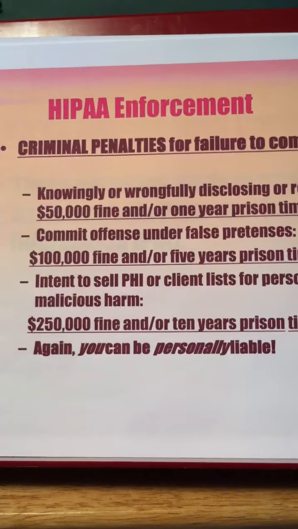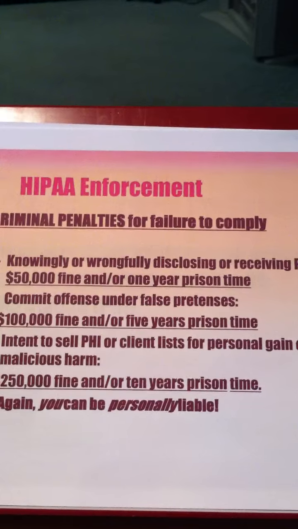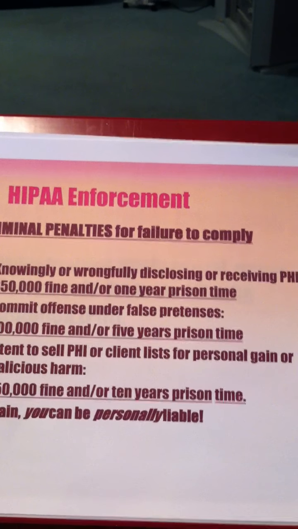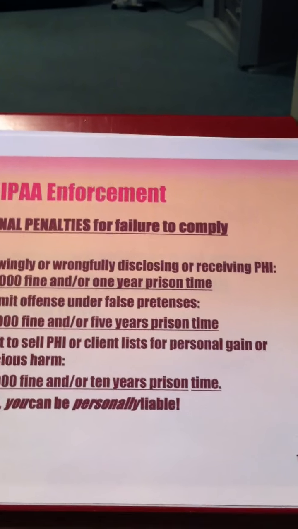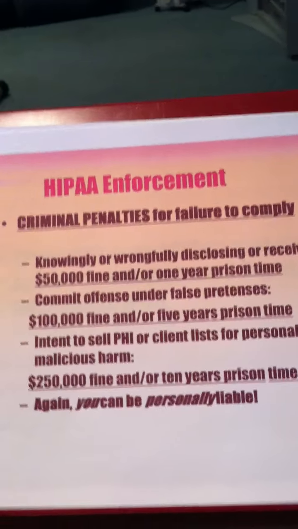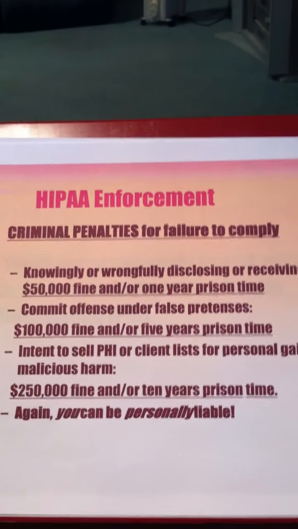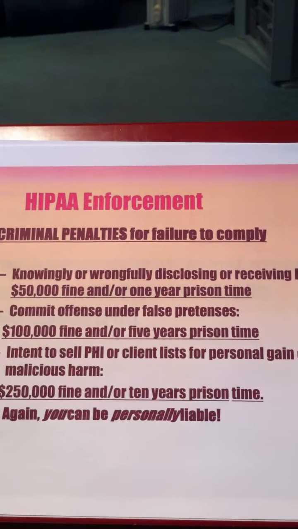HIPAA enforcement: there are criminal penalties for failure to comply or knowingly or wrongfully disclosing or receiving protected health information. These penalties apply to oral, paper, and electronic protected health information.